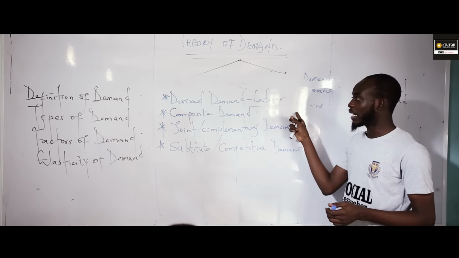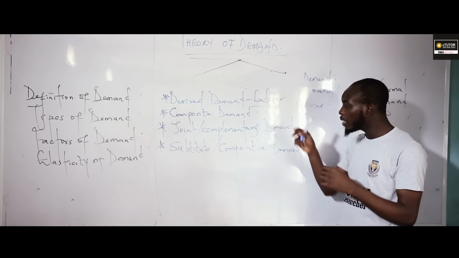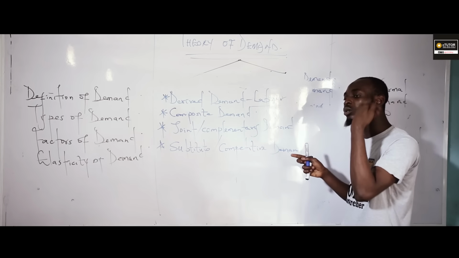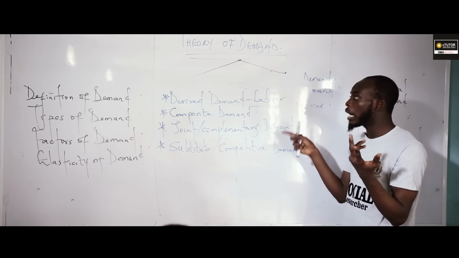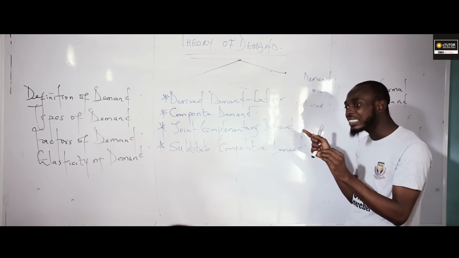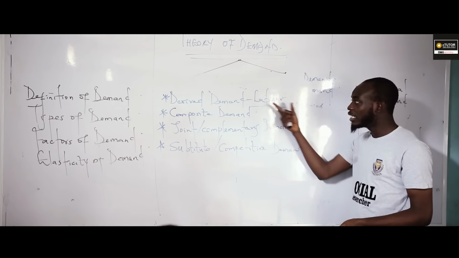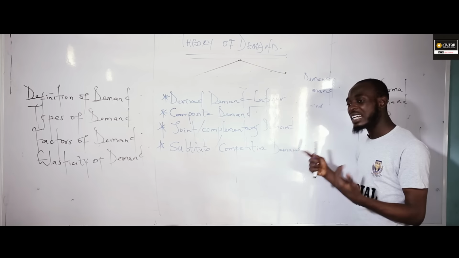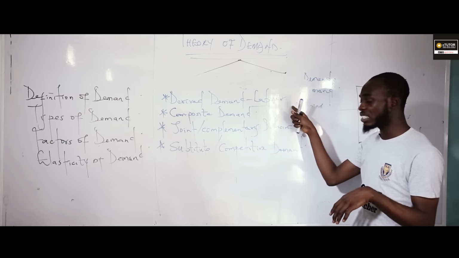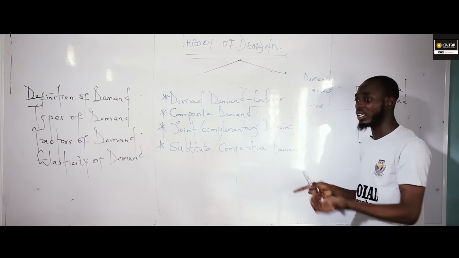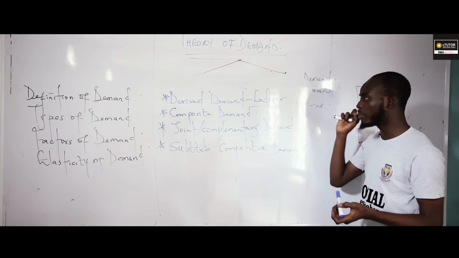We don't engage labor because we love them, but because of the output they can give us, the benefit we can get from them. So a great example of derived demand is labor, because it necessitates other things. So that's derived demand.